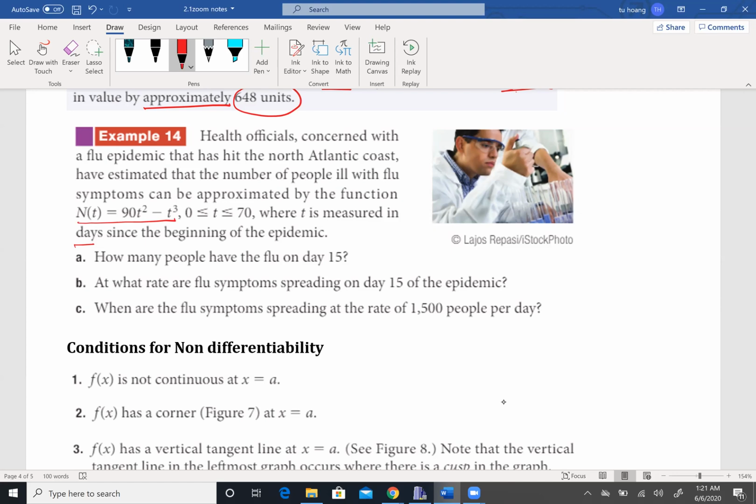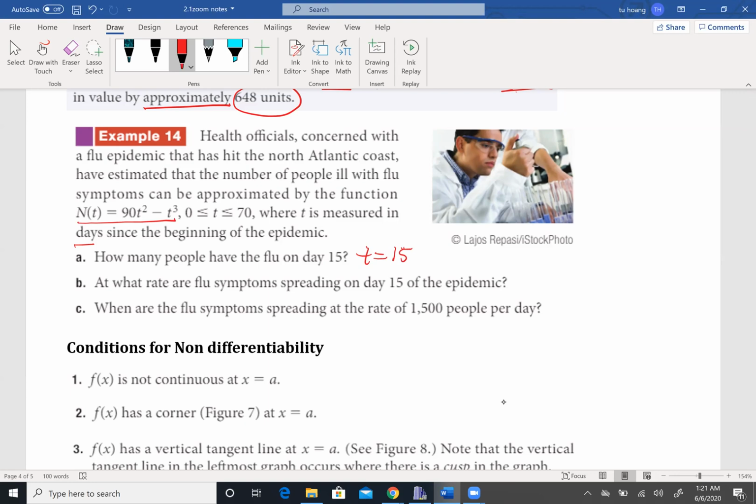Okay, so the question is, how many people have the flu on day 15? What does that mean? In this case, t equals 15.